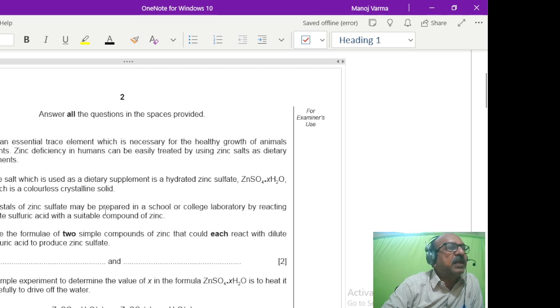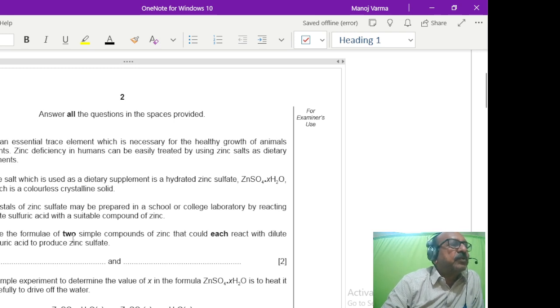Crystals of zinc sulfate may be prepared in a school or college laboratory by reacting dilute sulfuric acid with a suitable compound of zinc. Give the formula of two simple compounds of zinc that could each react with dilute sulfuric acid to produce zinc sulfate.